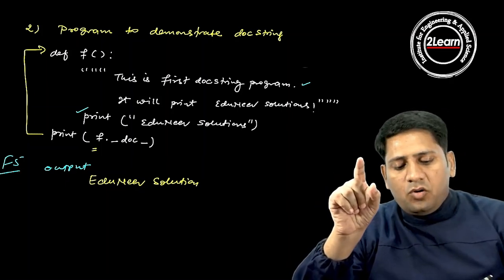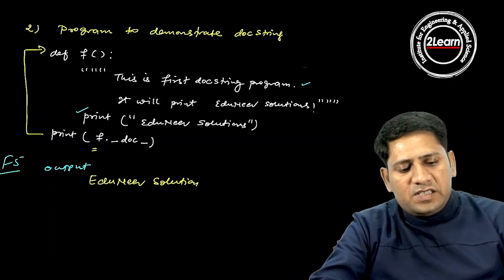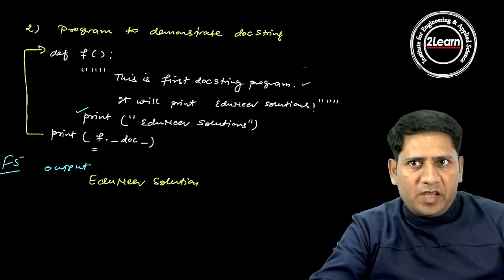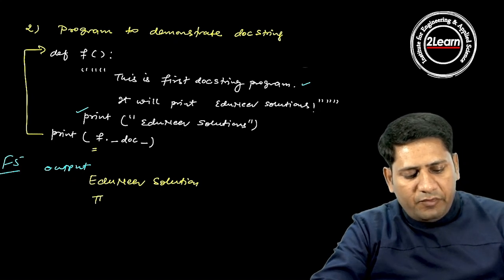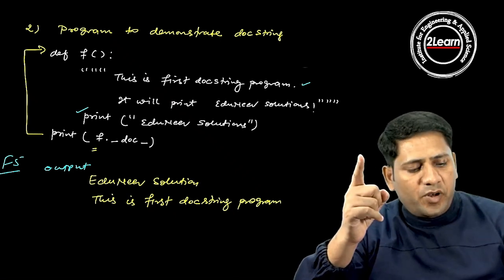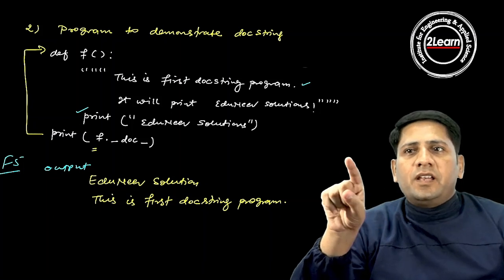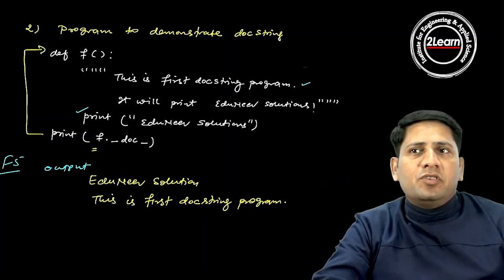Now, when the control goes back to the function definition, it will print this is first doc string program. क्या print होगा? This is first doc string program. And because there is a period after program, so the period will also be printed. Thereafter, in the next line, it will print Adobe solutions.